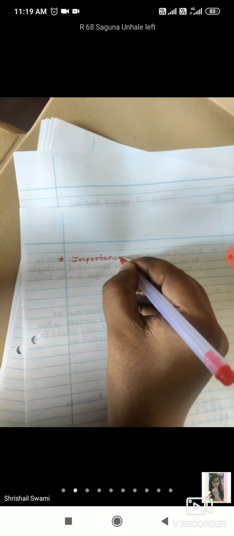Next one is the importance of the chapter. Why are we learning this chapter?